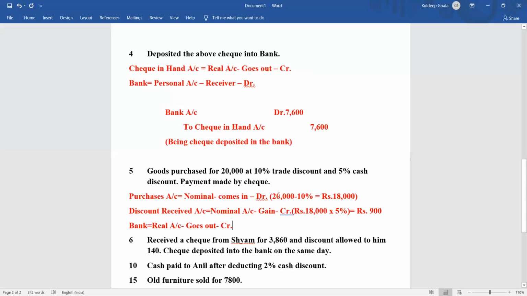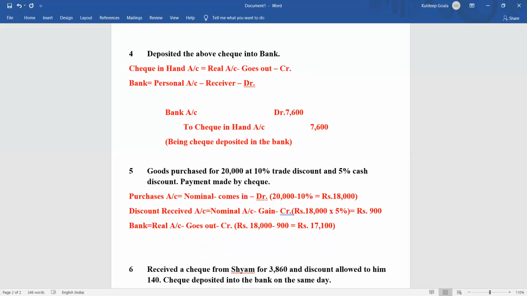In the bank, it will be the 18,000 we were supposed to pay minus the 900 rupees discount. So ultimately the amount is 17,100 rupees. Clear?